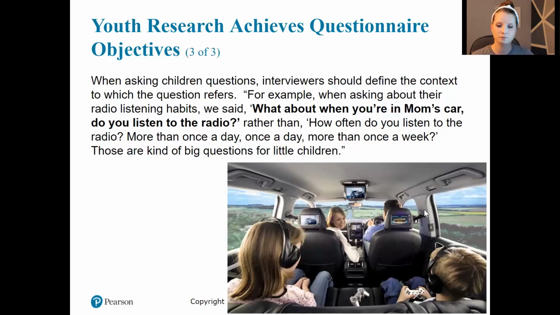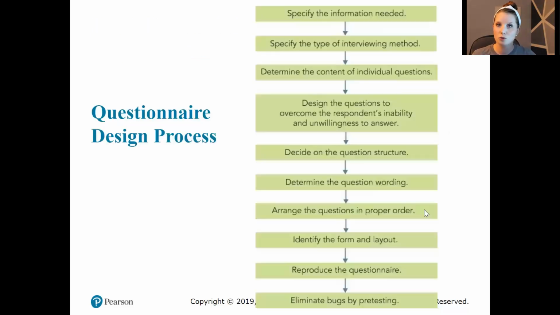So the questionnaire design process is here. It's relatively long in terms of the number of steps. We are going to work through most of these and focus a lot on this question structure, wording, order, and layout.